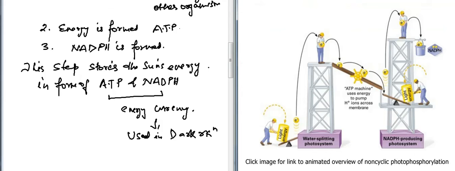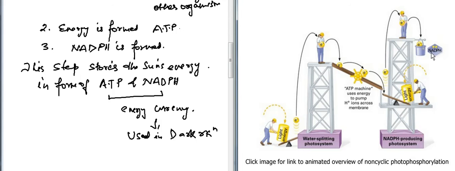In the next part we are going to see how the energy is given. In the diagrammatic form we see that light energy is taken, the water splitting process is going on, and during the splitting of water, electrons will be evolved. That electron will get excited and go on a downhill journey, and it is going to lead to NADPH formation. Again this light energy is used, and finally the electron acceptor is NADPH.